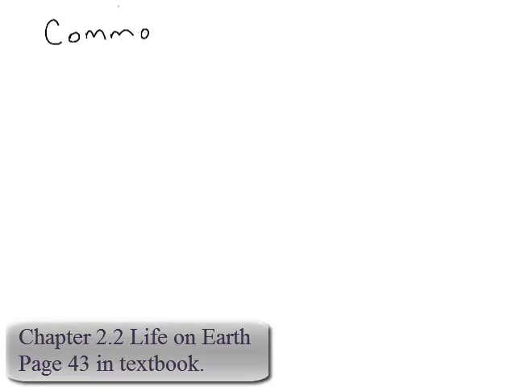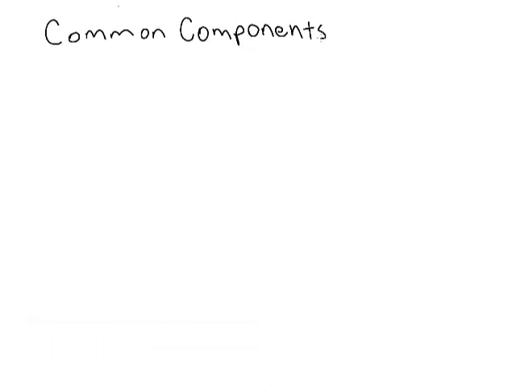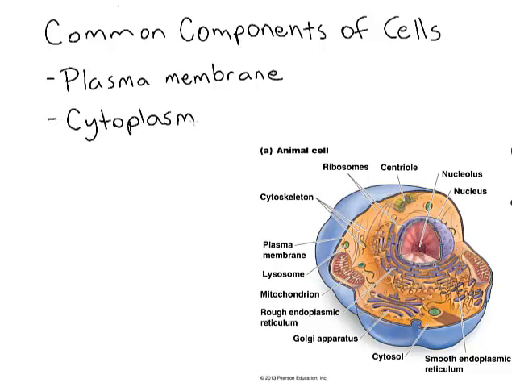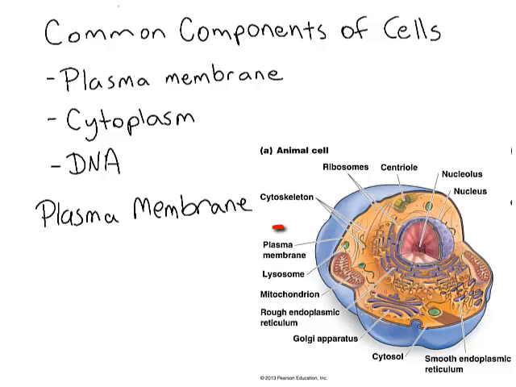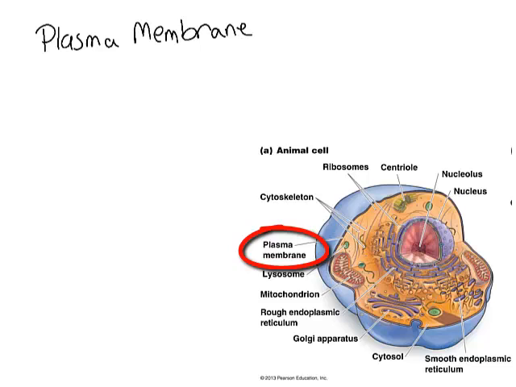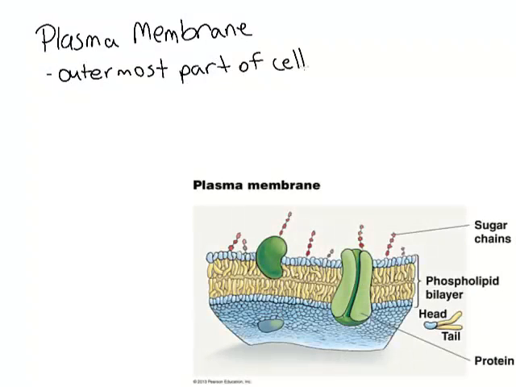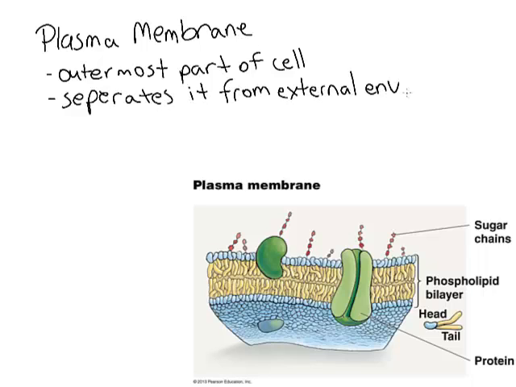As varied as cells can be, there are three common components to all cells: a plasma membrane, cytoplasm, and DNA. The cell's plasma membrane is the outermost part of the cell that separates it from the external environment. This membrane is permeable to some things but not to others, and is called selectively permeable.